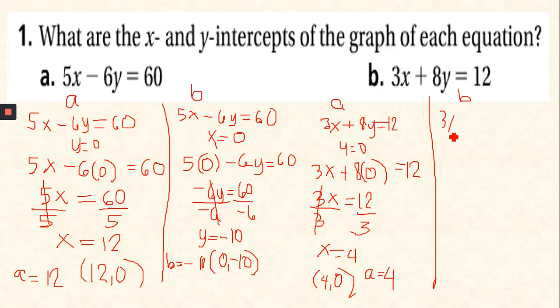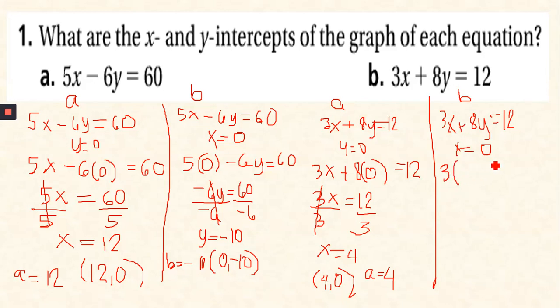You have 3x plus 8y is equal to 12. Since we're looking for your y-intercept, x will be equal to 0. Okay? So you're now going to substitute 3.